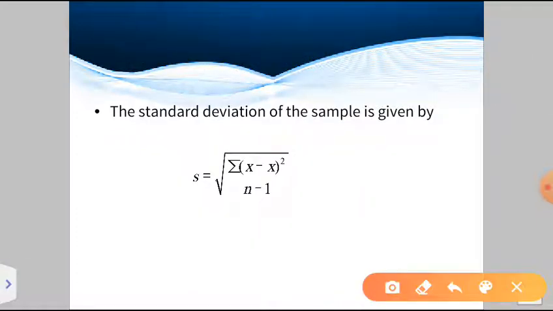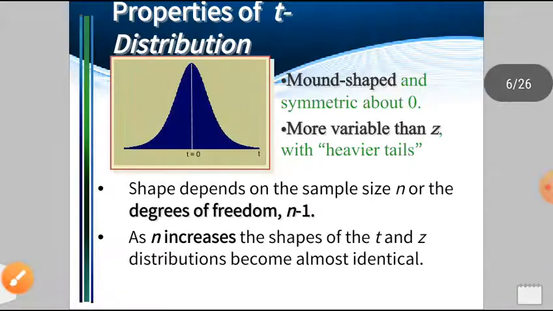I think all of us are aware of the formula: the standard deviation of the sample is s equals the square root of the summation of x minus x bar squared, divided by n minus 1. It is not visible in the video, so you can go through the PPT where we have the same formula written properly. Correct? So this is what we have to do to calculate the standard deviation.